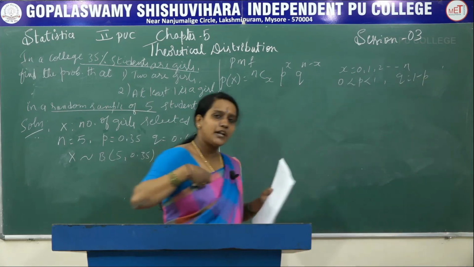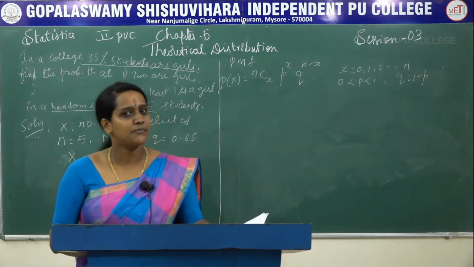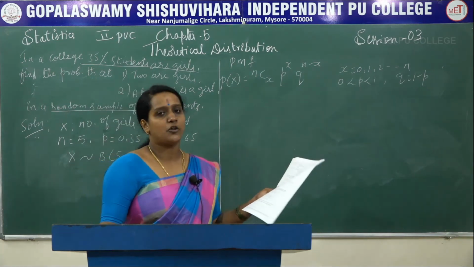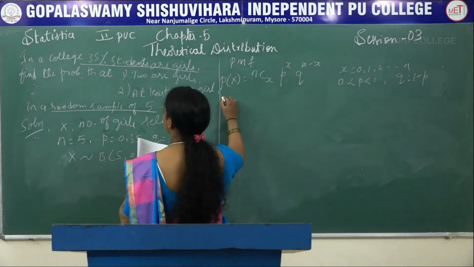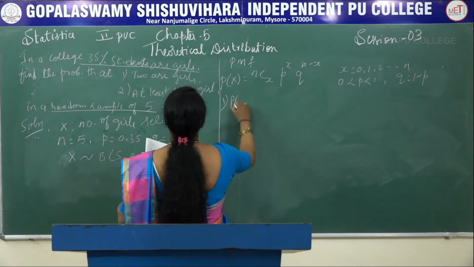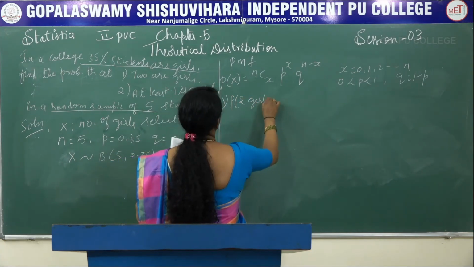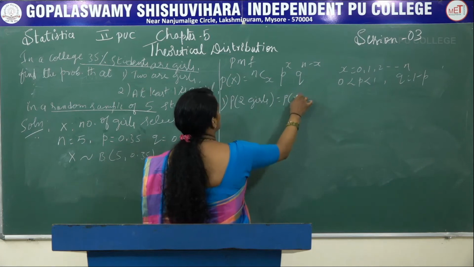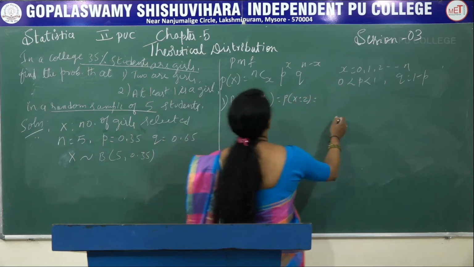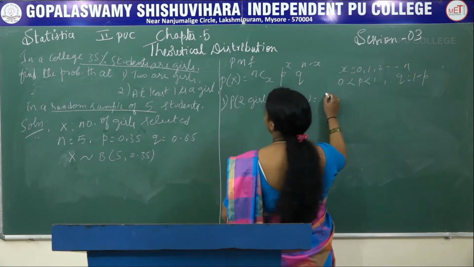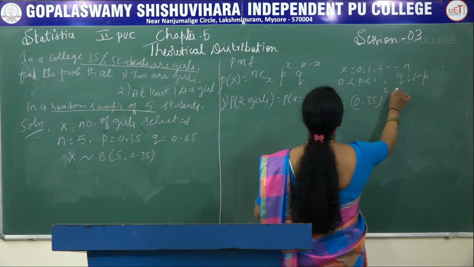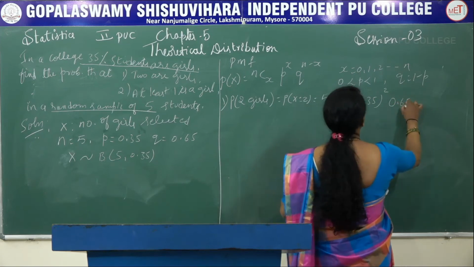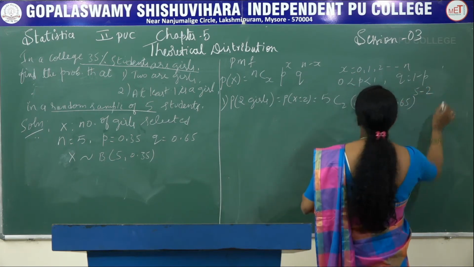In each and every type, when we are solving the problem, write down the PMF so that you can remember that PMF. And here first problem is probability of 2 girls. This is P of x equals 2. This is 5C2, 0.35 to the power 2, 0.65 to the power 5 minus 2.